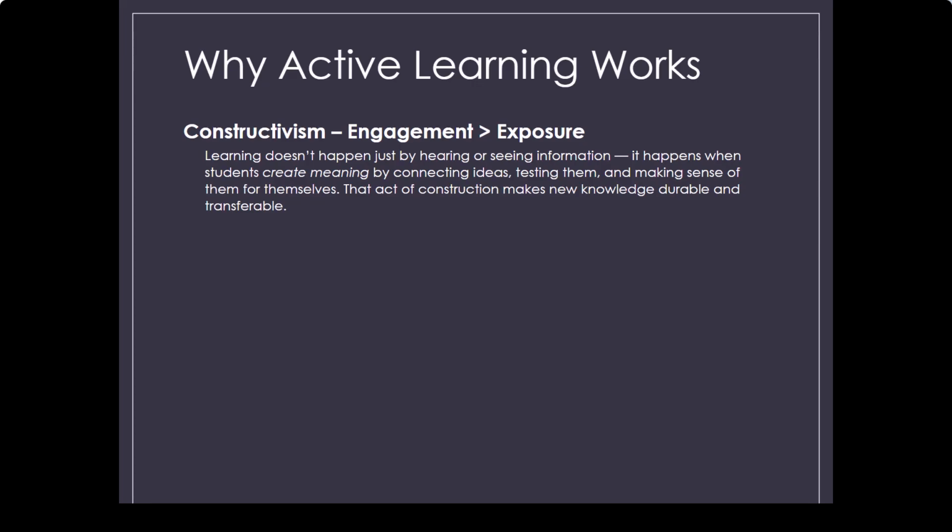Rather than just downloading information like a file on a computer and saying, "Yep, I've got the information, I've learned it forever now," human brains function more like building a house.